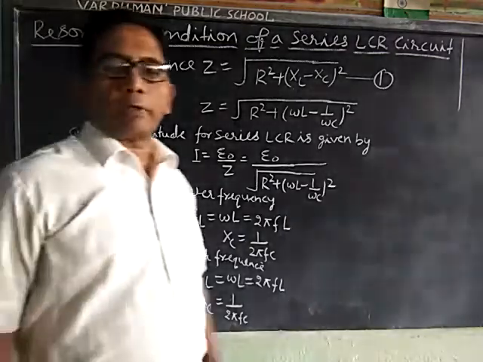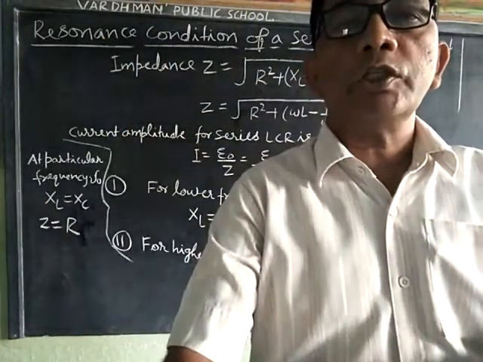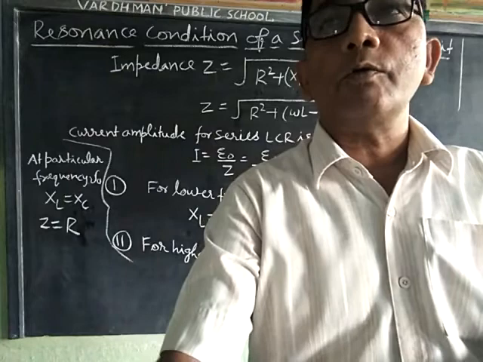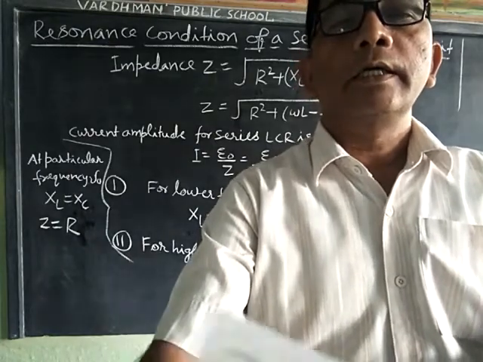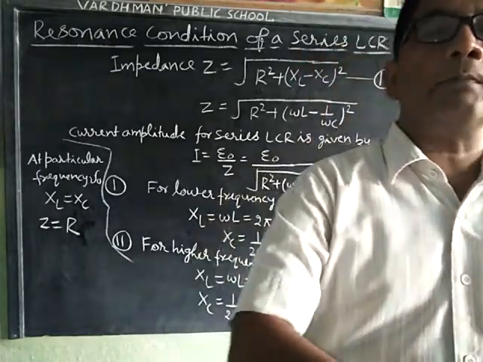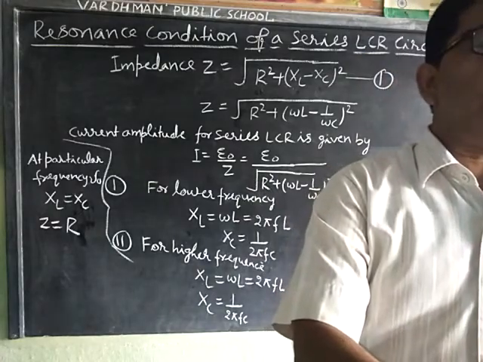At the particular frequency at which Z is equal to R, what is Z? Impedance. Impedance becomes minimum and current becomes maximum.